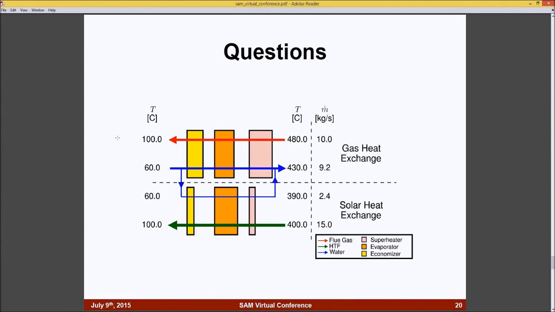Wrapping up with some conclusions: we've produced and demonstrated a model that can evaluate different hybrid solar gas operational configurations and possibly explore different designs. It's based on a proxy model for SAM, which we've demonstrated has fast system evaluations while maintaining accuracy.